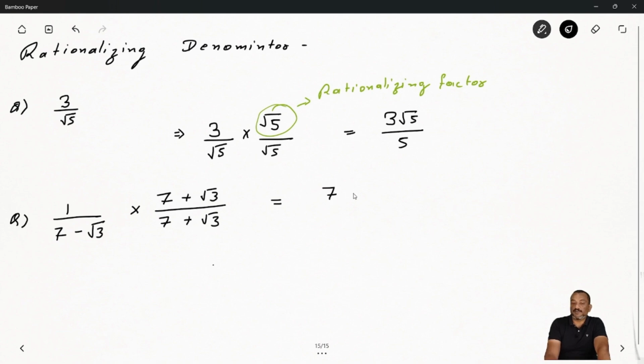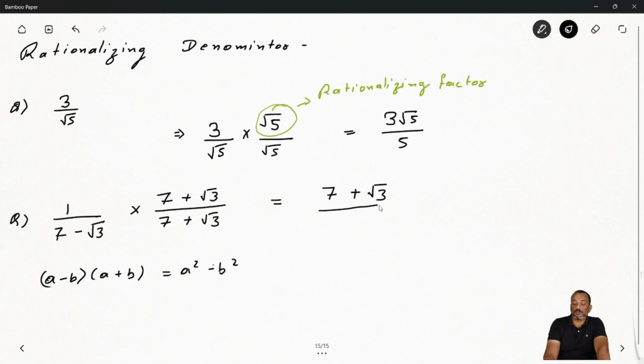After rationalizing, you will get 7 plus root 3 in the numerator, and you have to use one identity: a minus b times a plus b is equal to a square minus b square. So 7 minus root 3 is a minus b, and 7 plus root 3 is a plus b.